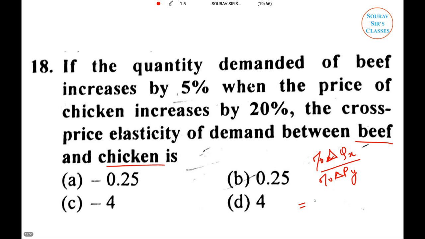So it is 5% and 20%. So we get 0.25, which is a plus. We are getting cross price elasticity as plus, so the answer will be B.